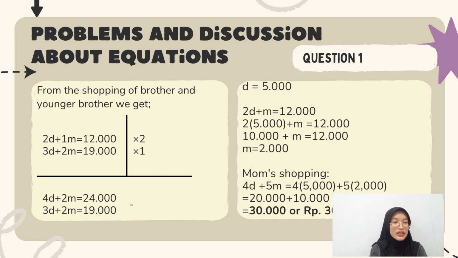Now, the total amount of shopping is 4 times 5,000 plus 5 times 2,000 equals 20,000 plus 10,000.